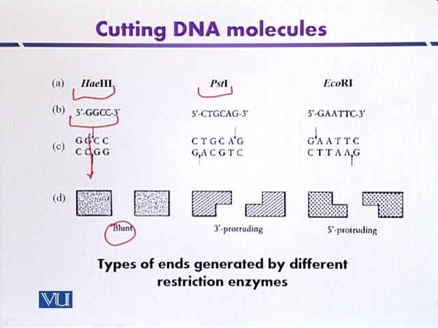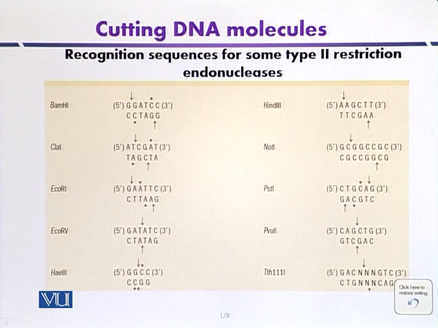This is another example of a restriction enzyme that recognizes a 6 nucleotide sequence, and when it cuts, it produces a sticky end with 3' protruding overhangs. And then, as we have discussed, EcoRI is also producing a sticky end, but the fragments or termini produced have 5' overhangs.